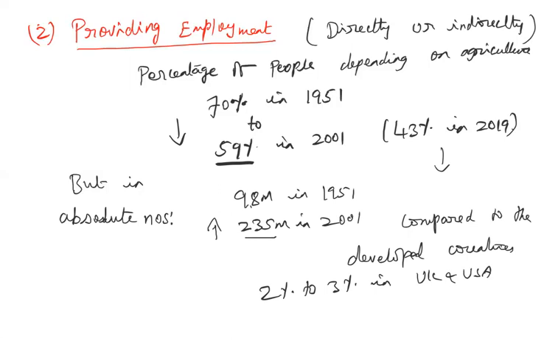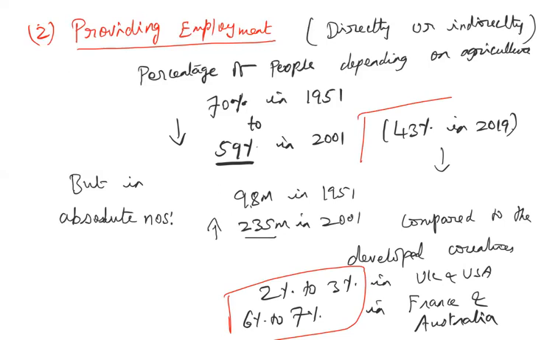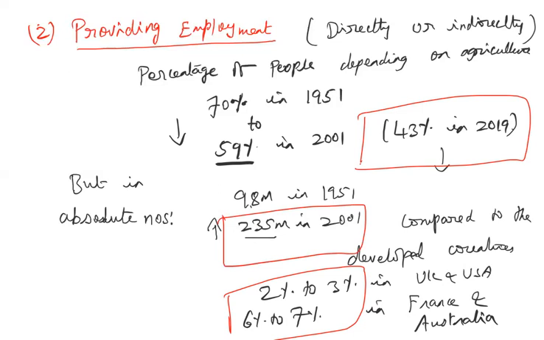And when you take France and Australia, it is somewhere around 6% to 7% in some of the examples. So when you check these data, it points out that most of the people in our country are directly or indirectly depending on agriculture for their livelihood. Okay, so that is also another evidence to show that India is an agricultural country.